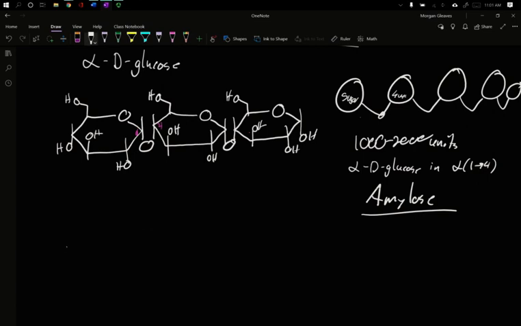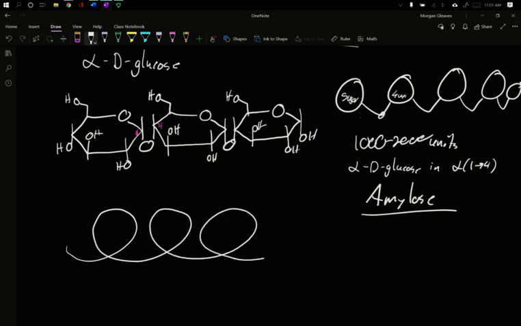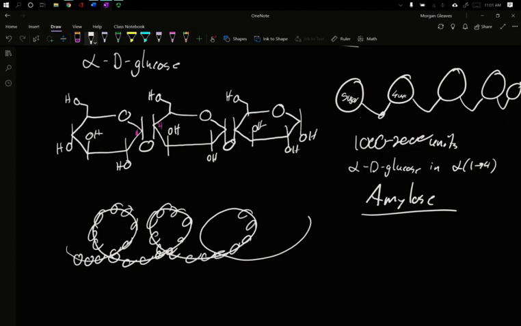They don't actually make perfectly straight lines. Amylose spirals on itself as it goes. And so you have lots of sugars along it, but they kind of twist a little bit as they go along. And so you get these larger structures formed from the connections of many, many individual small sugars.